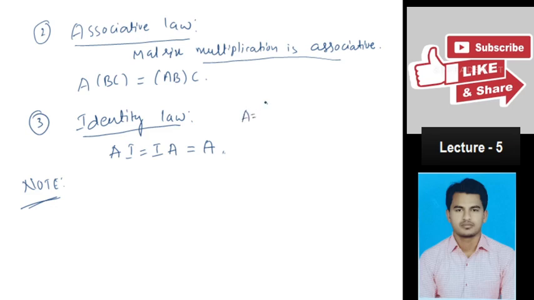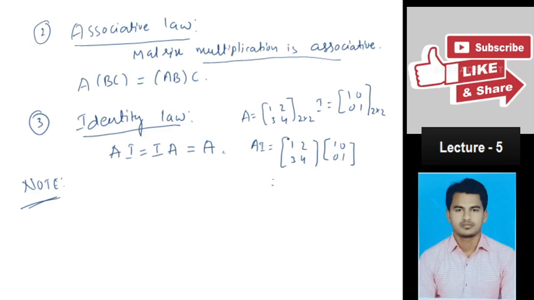You take A equal to, I will take a small order matrix, 2 cross 2: 1 2 3 4, multiplied with I. Identity with 2 cross 2, be careful, the same order. Now multiply AI. A means 1 2 3 4, I means 1 0 and 0 1.